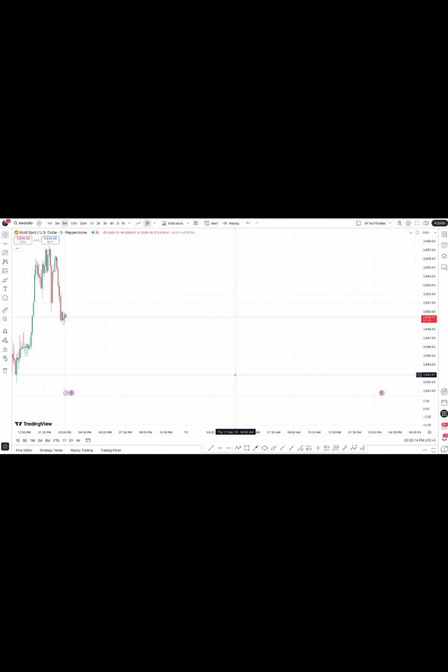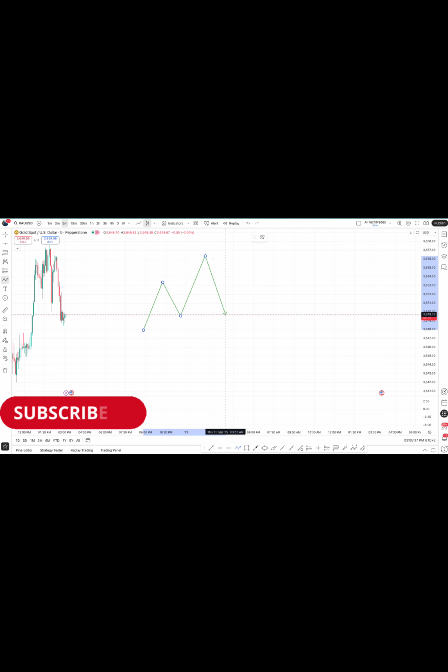Now, a lot of people might say that this strategy looks like the head and shoulder strategy. Let me explain. They are similar, but they are not the same. Let's say this is bearish Quasimodo.